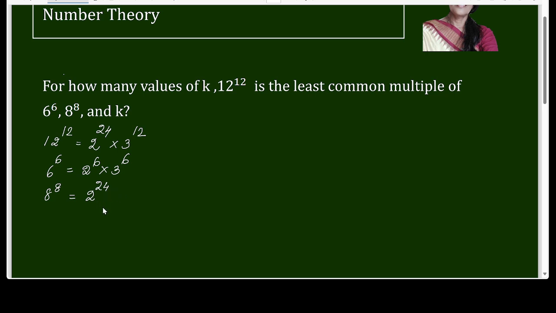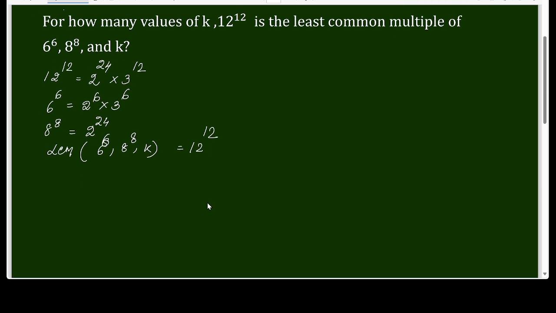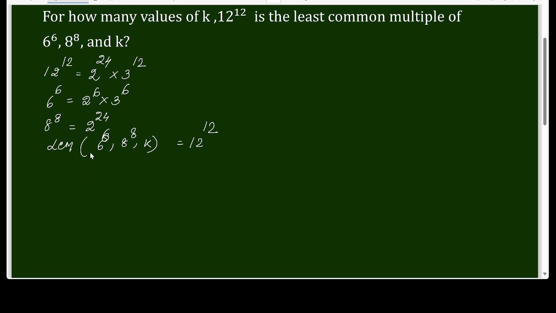So it's given that the LCM of 6 power 6, 8 power 8 and k equals 12 power 12. Writing in prime terms, if we observe, it is 2 and 3.